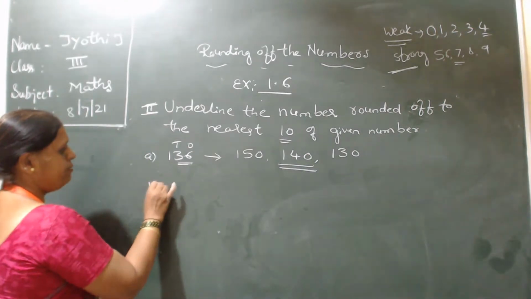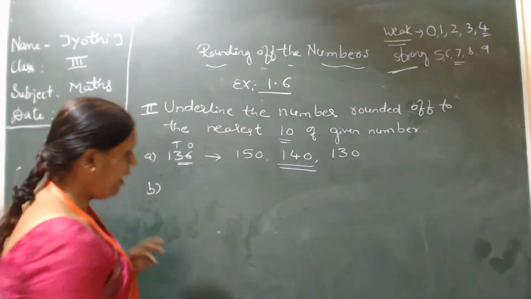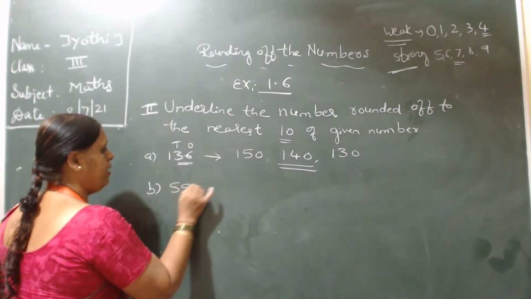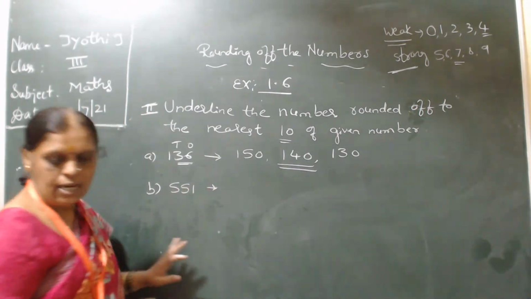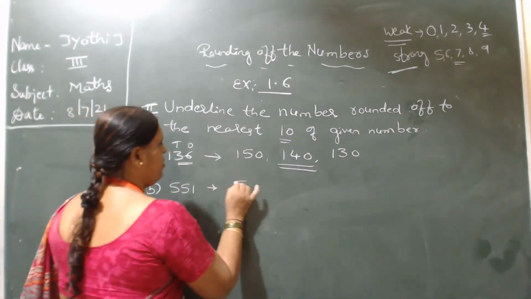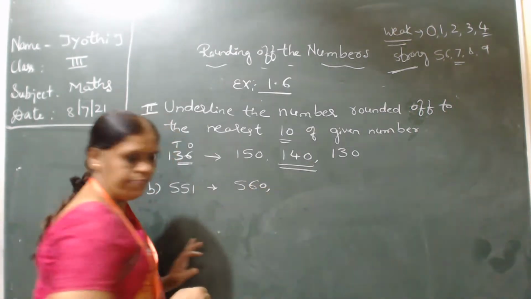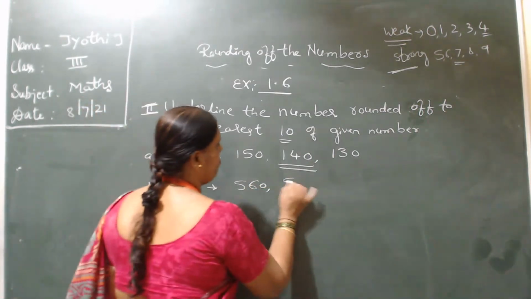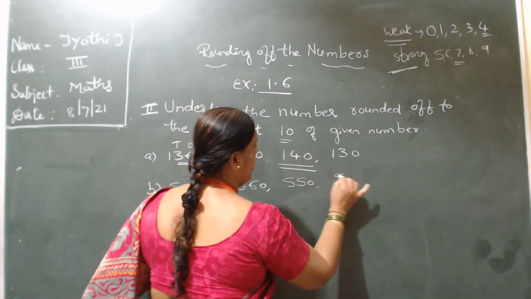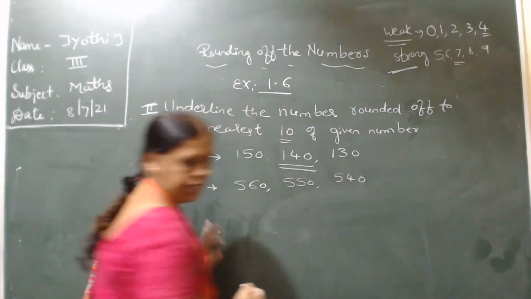Now second one, 551. Options are 560, 550 and 540.